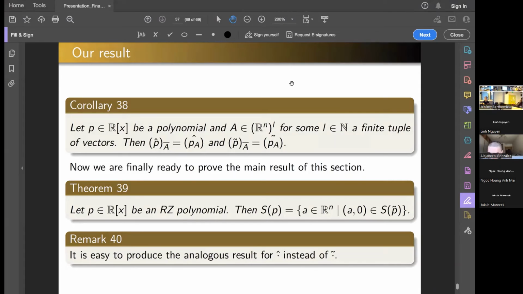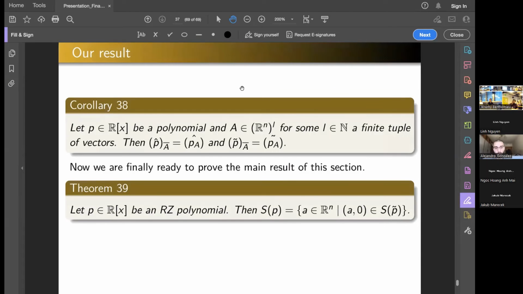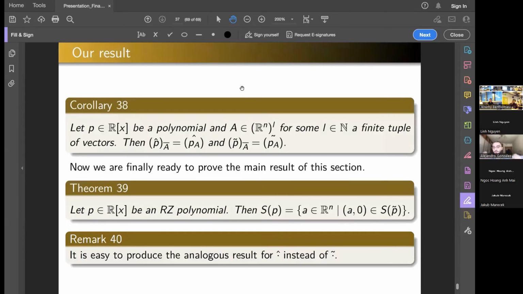So can you relate what you discussed with the general Lax conjecture? Yes, as I say, this relaxation. Maybe you can recall what this conjecture is. Well, the generalized Lax conjecture says that a real zero polynomial, as I say, is a polynomial that when you restrict it to a line, has all its roots real, so no complex root.